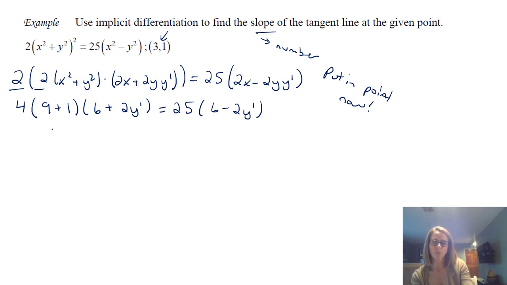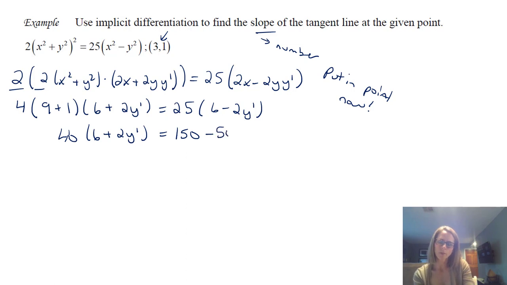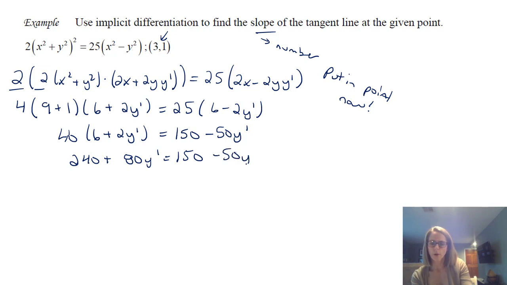So this is going to give me 4 times 10, which is 40, and then I have 6 plus 2y prime. Over here I have 150 minus 50y prime, 240 plus 80y prime, and at this point it's really just about combining the y primes and combining the constants.